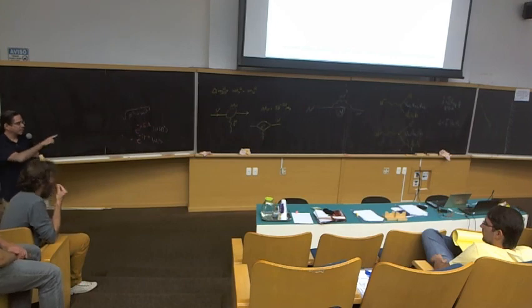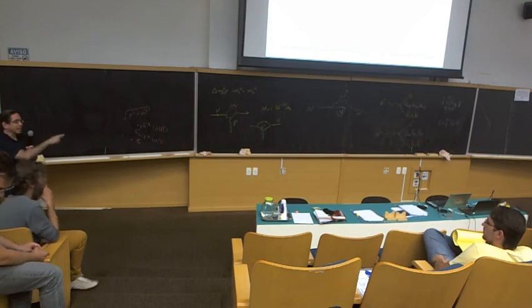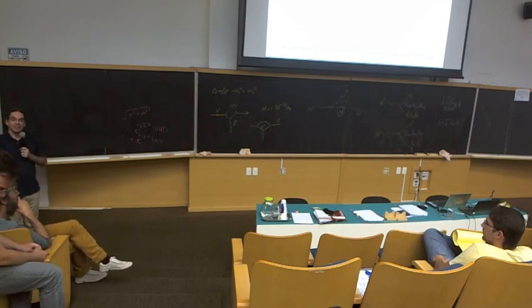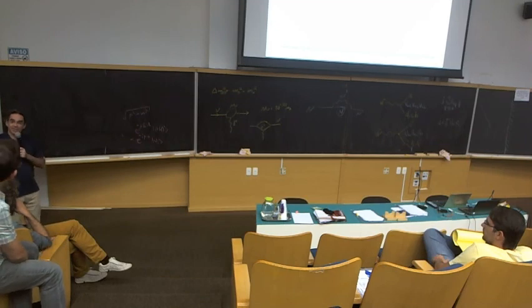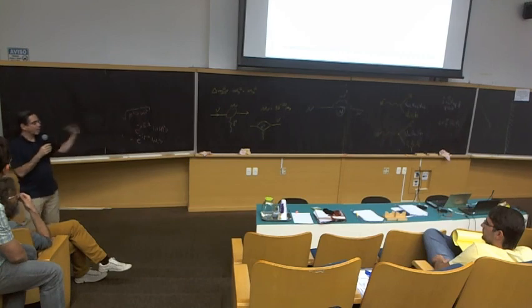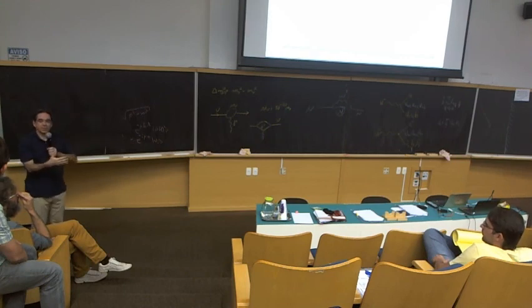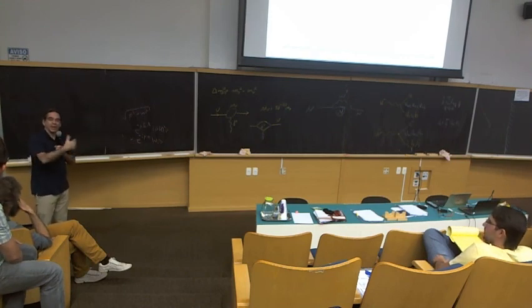I guess Holanda is asking a different question: can I use this particular language to describe any physics process? The answer is yes, and I'll let you think about that. You have to do it carefully. Let's say you wanted to use this language to describe neutrino scattering on something.